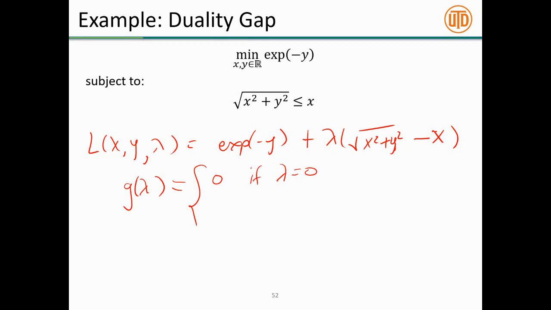The problem with all of these examples is that constructing the dual can be a bit trickier than it might appear. It's not necessarily always so trivial, like it was in some of the examples that we had seen before.